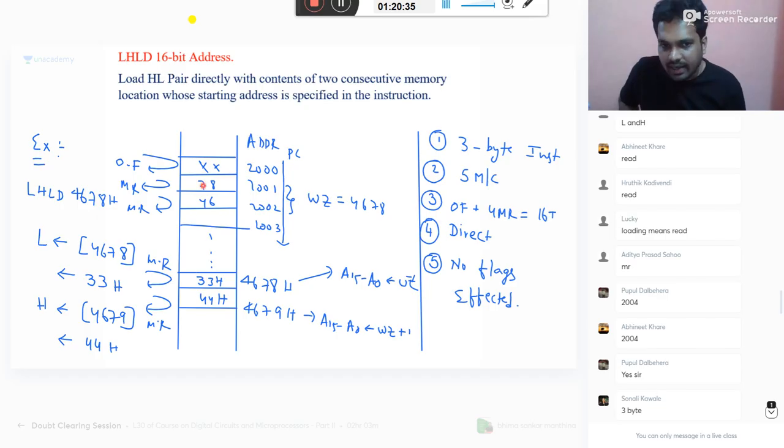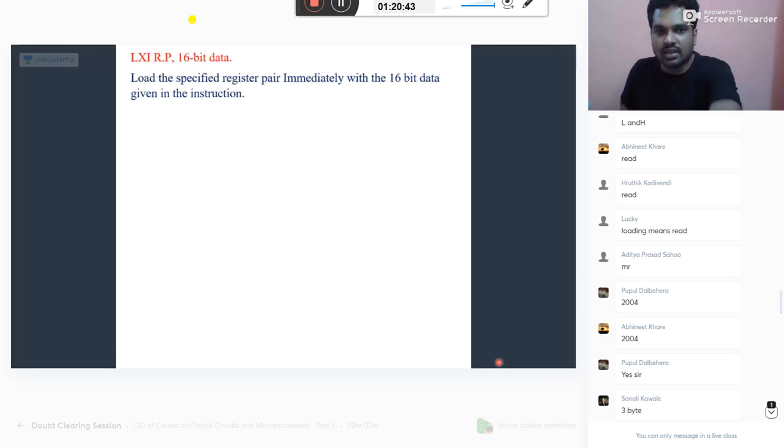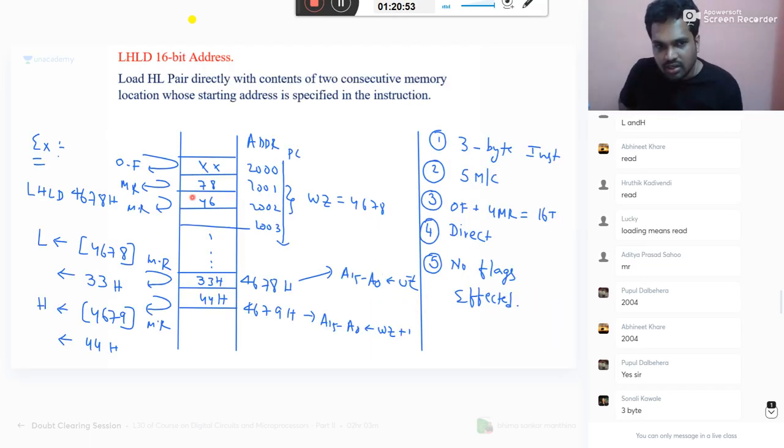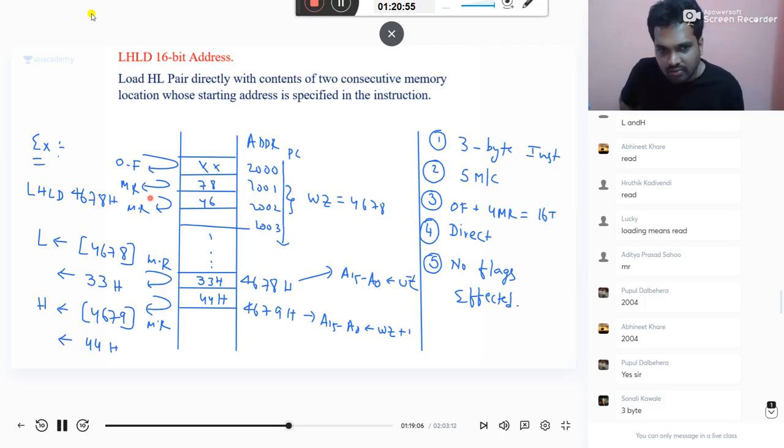This is called direct addressing. Address is given directly, and from the address we are taking the data. Now, let's see LXI. Here, whatever you are giving is immediately loaded to BC. But here, it is not immediately loaded to HL. From here, you go to the address and there you load the HL.